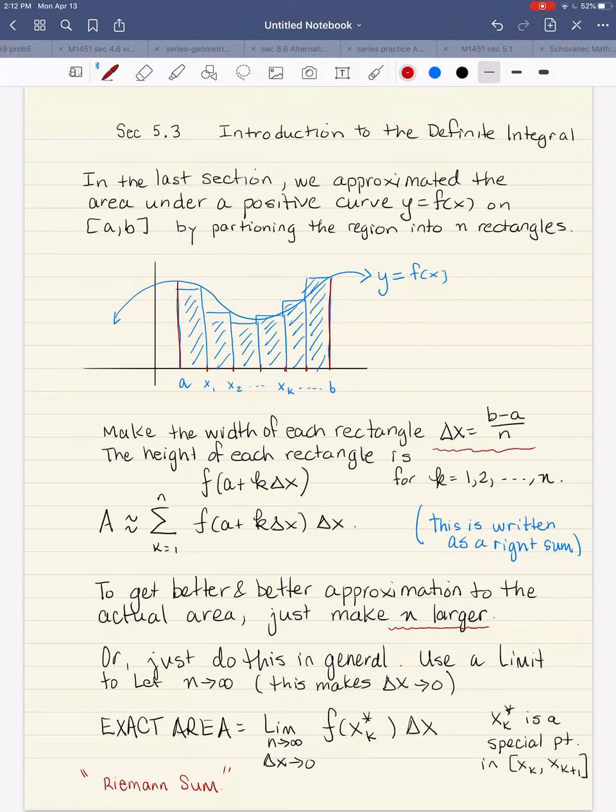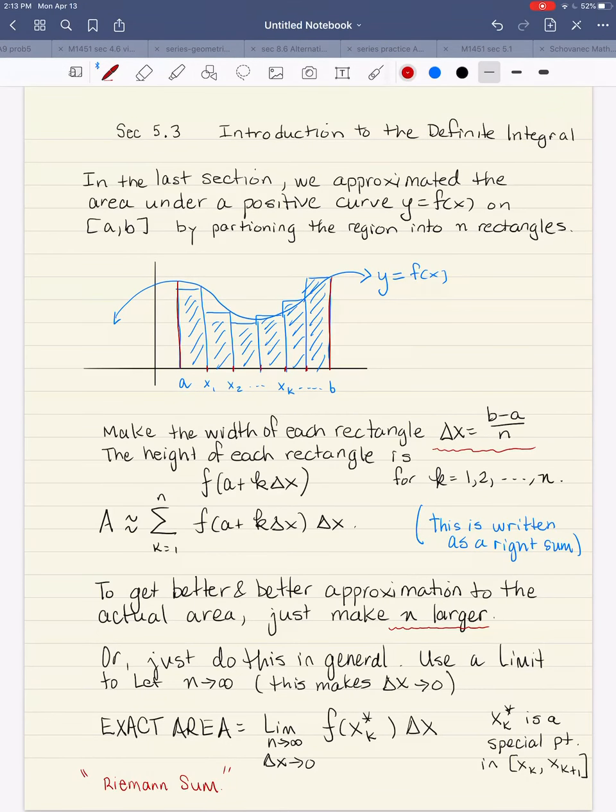Now with calculus, we can do that with a limit. We can set up a general series of functions of heights times widths, and then take a limit as n goes to infinity. And as we do that, as n goes to infinity, the width of each subinterval gets smaller and smaller until it's essentially the width of a line segment. And we have this entire region colored in with an infinite number of line segments.